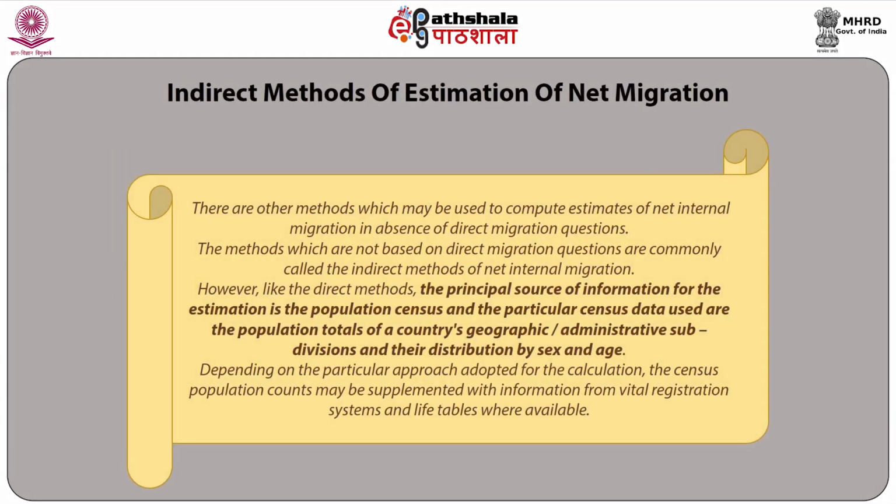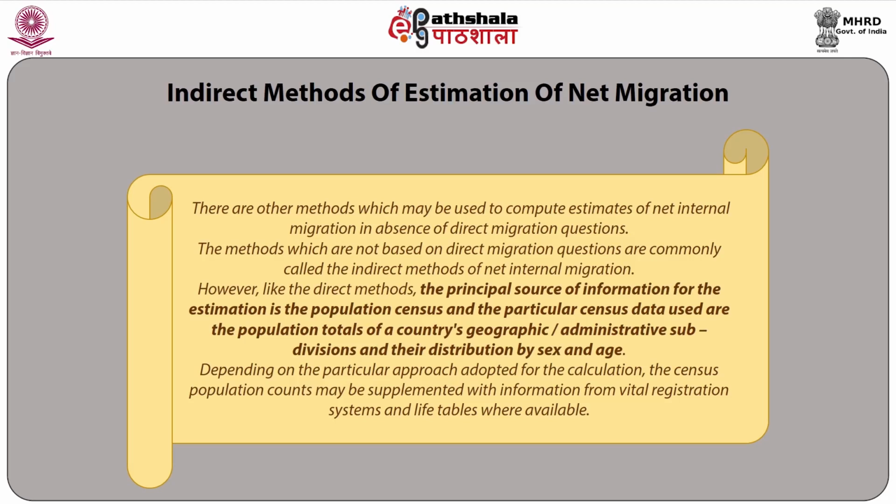There are other methods which may be used to compute estimates of net internal migration in the absence of direct migration questions. The methods which are not based on direct migration questions are commonly called the indirect methods of net internal migration.